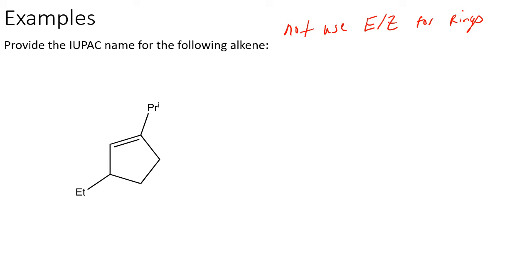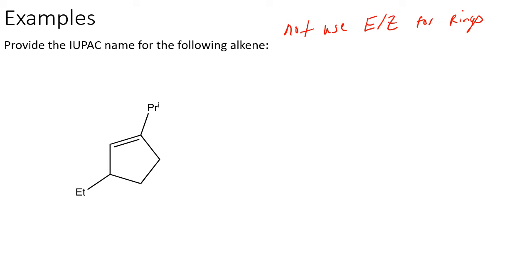But the only difference is we give the double bond the lowest number possible as well. So for numbering something like this, I want to number through the double bond. There's no reason my double bond should not be at position 1 in a ring. And because of that, sometimes it's not even listed. People don't even write 1 because it's just assumed to be at position 1.